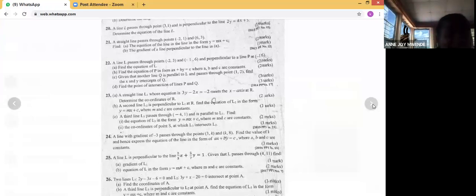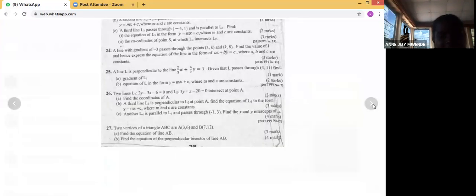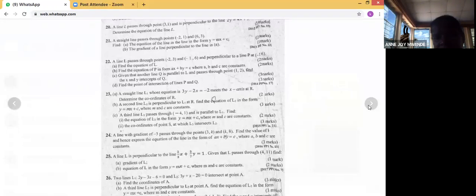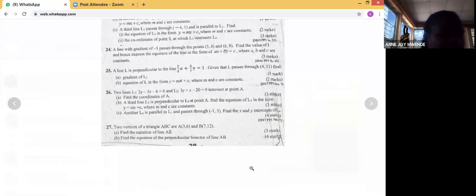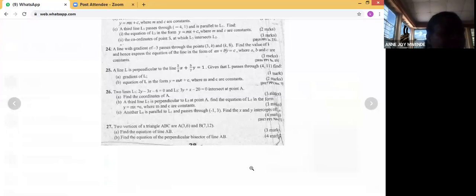I'll read the question. Given that AC is perpendicular to MB and the equation of line BC is y equals -5x plus 47.